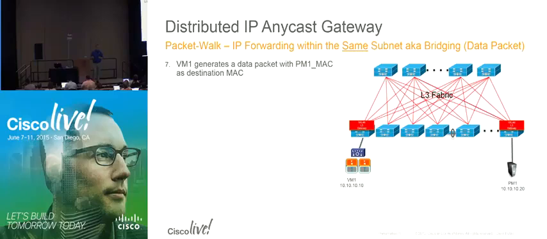In order to get that properly working, I have to extend the control plane between the two data centers. So I need to extend the reachability information in my EVPN control plane from one data center to the other. I don't need to feed it into the WAN, but I need to have that consistent control plane information across both data centers. Is that answered? Does that fit your question?